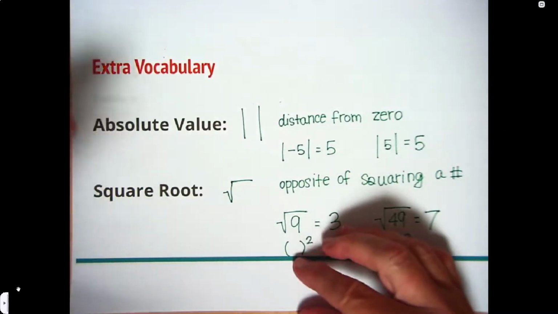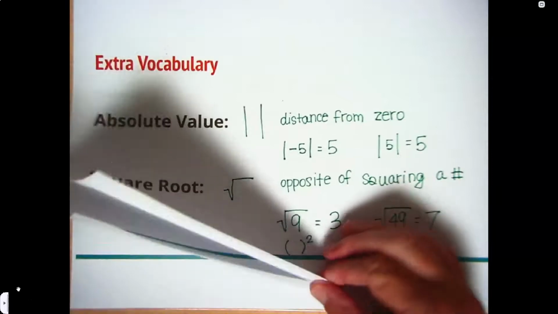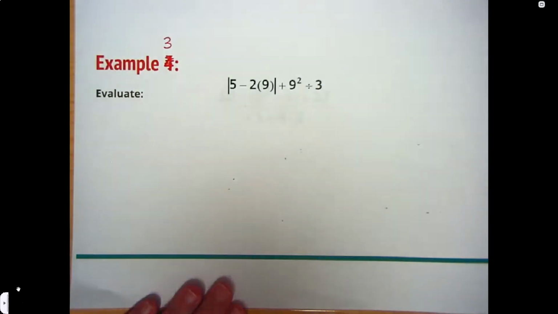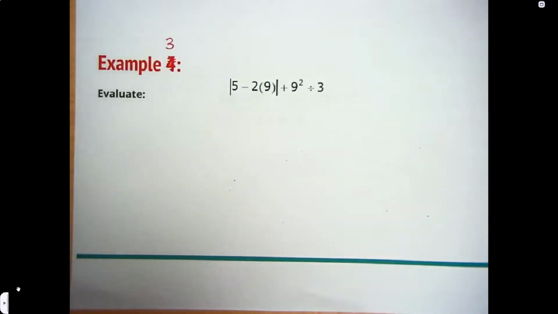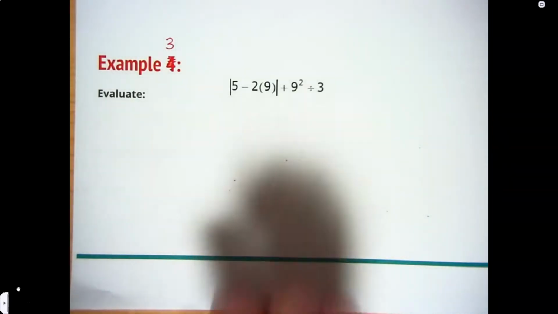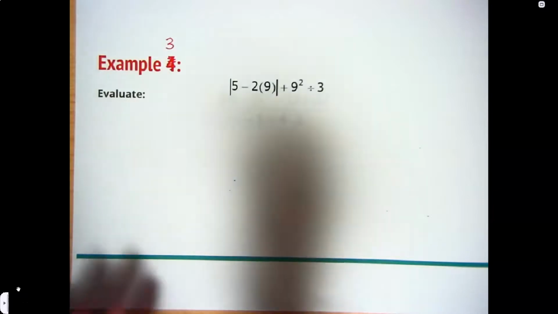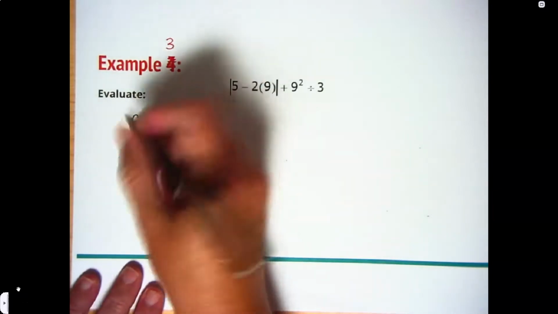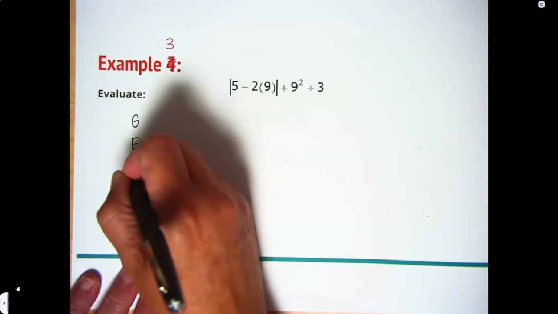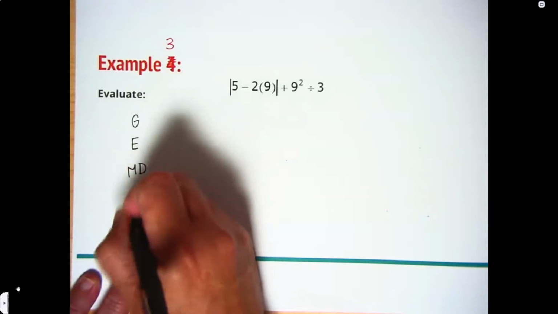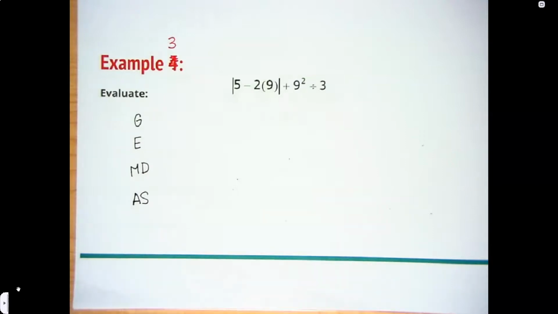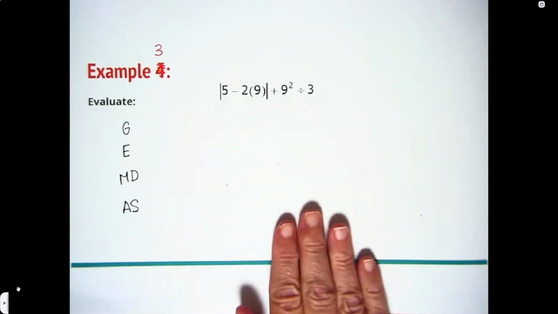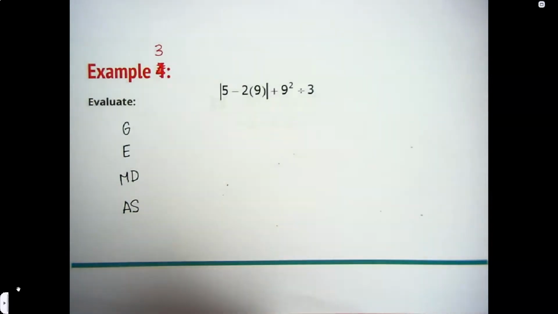Now what we're going to do is put these two concepts into our order of operations question. So here's the next one we're going to look at. We're going to evaluate this expression, and you'll notice it has absolute value bars in it. So again, let me get set up over here. You probably won't need that, but I just feel better, since you can't ask me questions, showing you in detail what I'm doing and what I'm thinking.